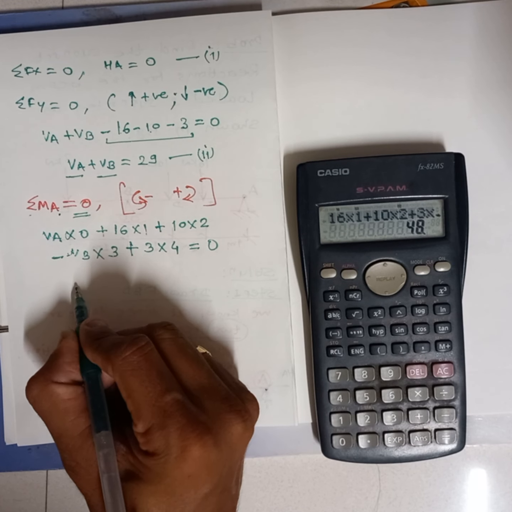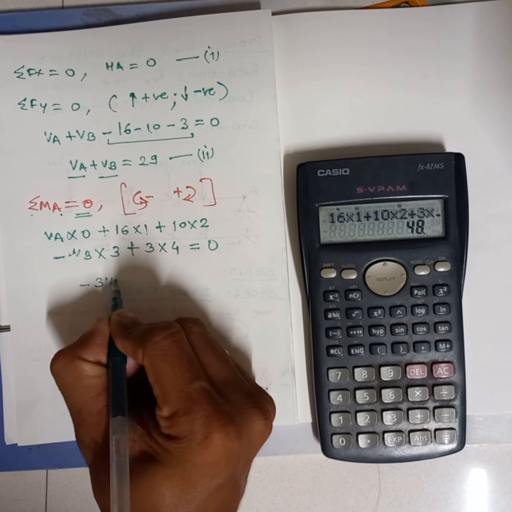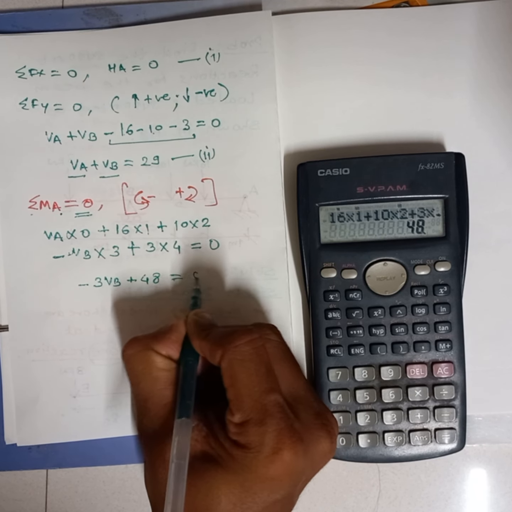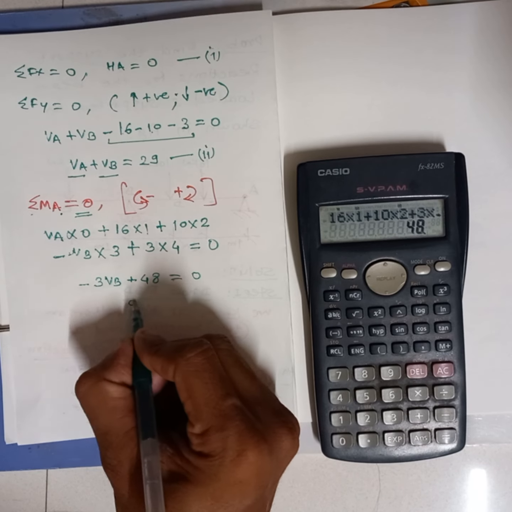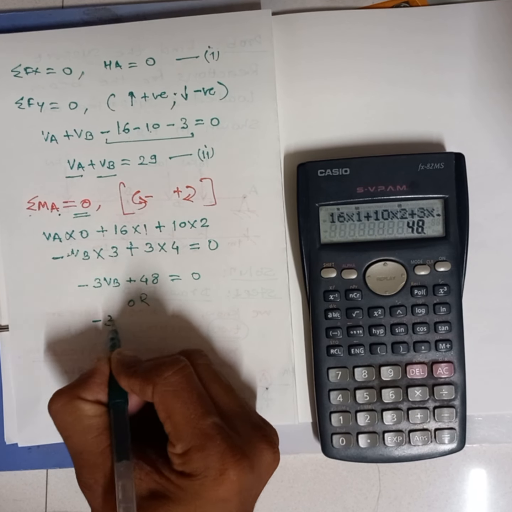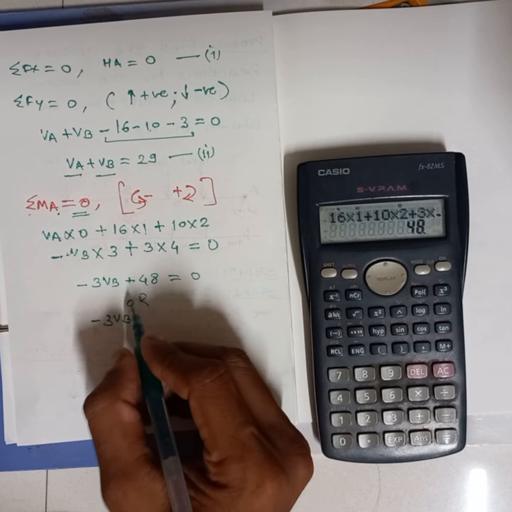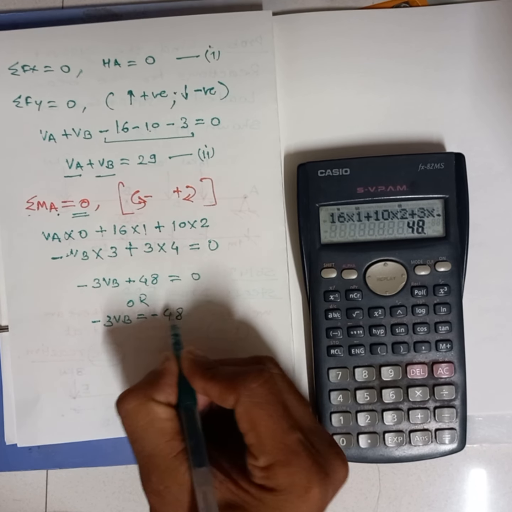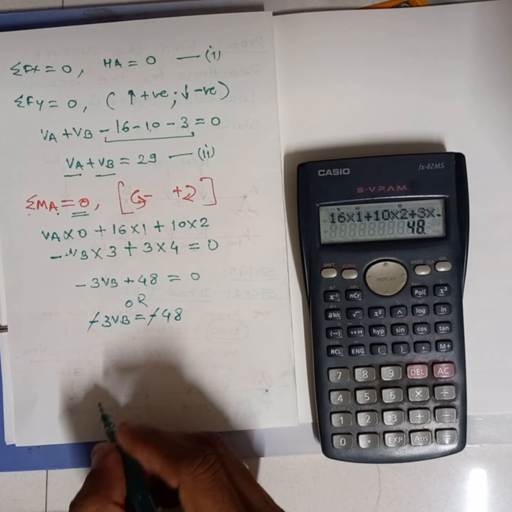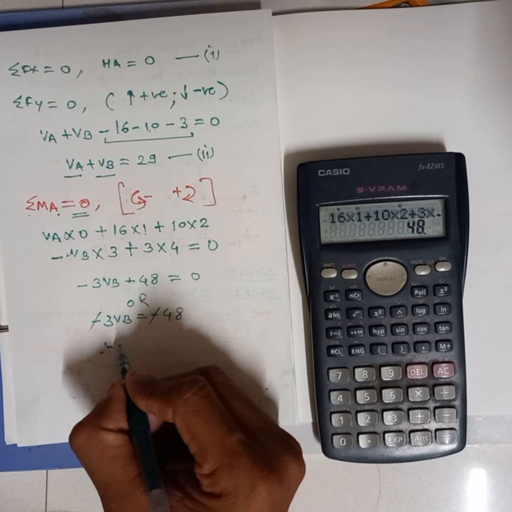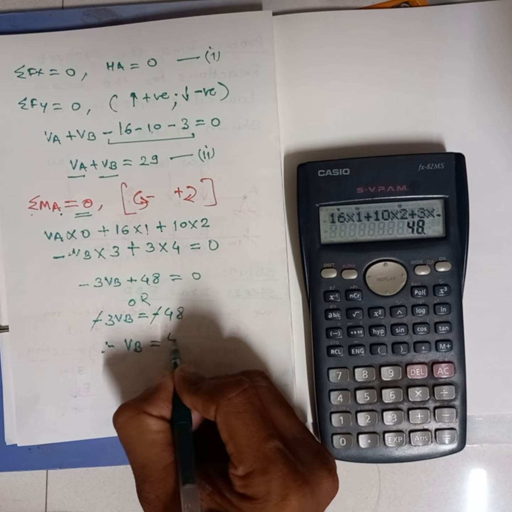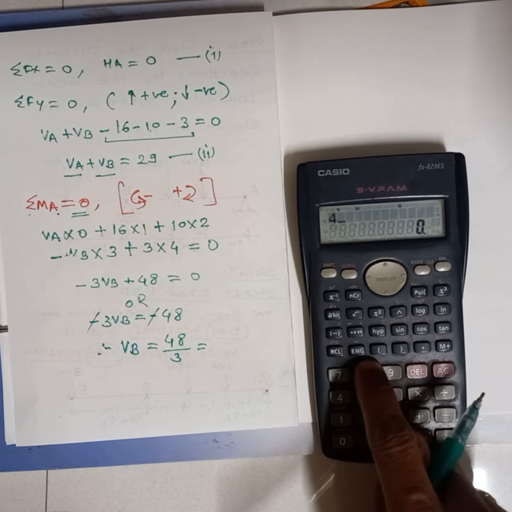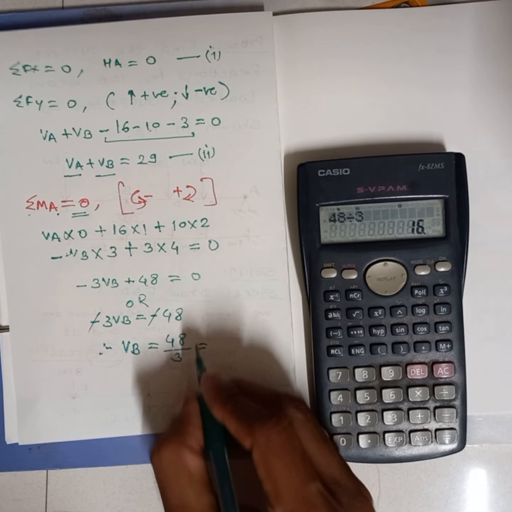So I am getting minus 3 VB plus 48 equals to 0. Or I can write minus 3 VB, 48 I am going to take on right hand side, so that is minus 48. So minus minus got cancelled, and hence VB is equals to 48 divided by 3, and that is 16 kilonewton.